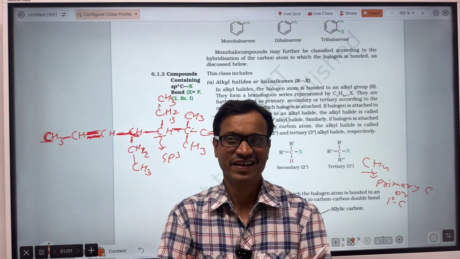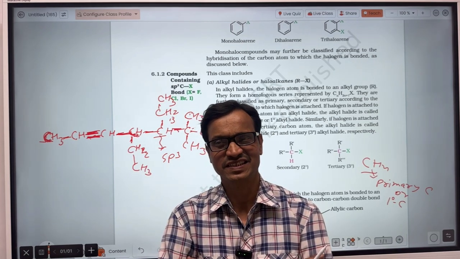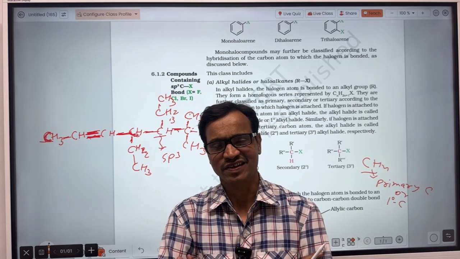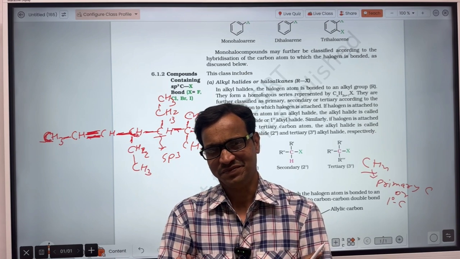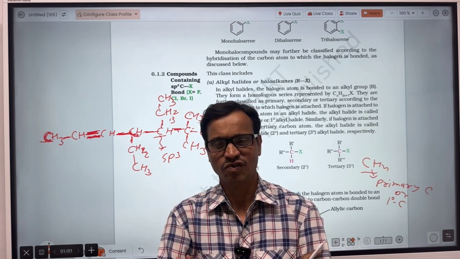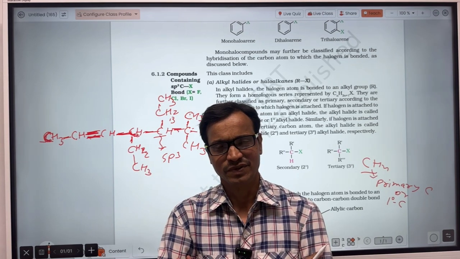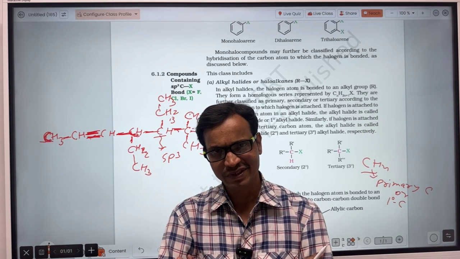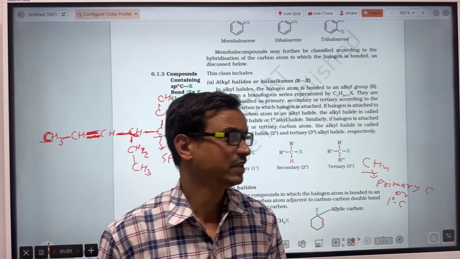And in the same way, the carbon atom which will do bond formation with other 4 carbon atoms will be called quaternary carbon atom or 4-degree carbon atom. So now let's see here.